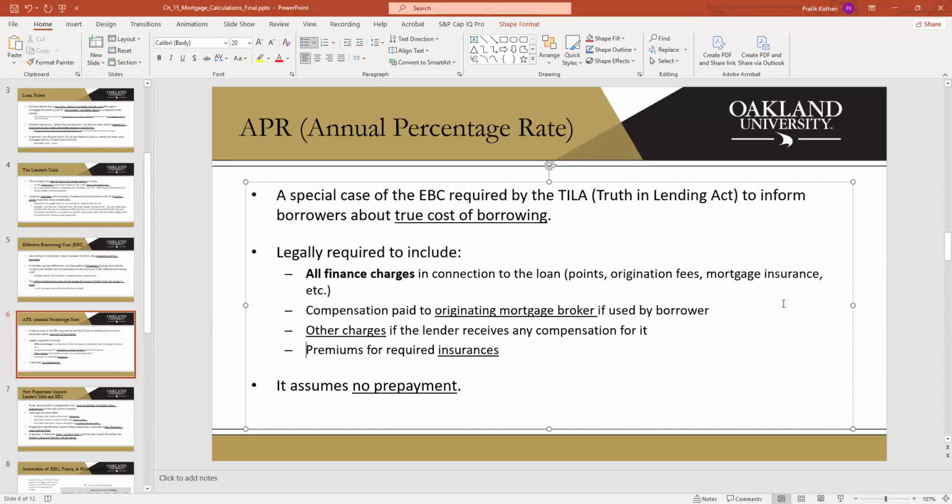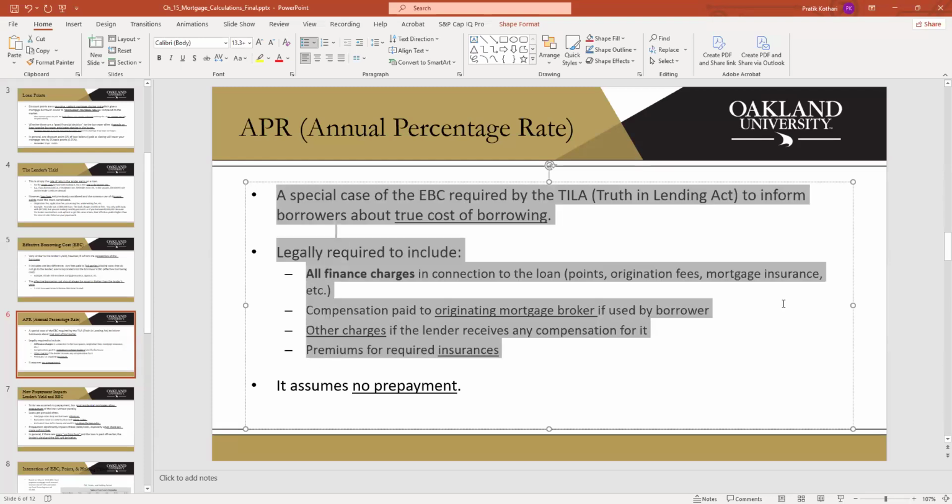Any other charges that the lender charges the borrower are also included. If you are making insurance premium payments, those are also included. And essentially, what APR tries to get at is the true cost of borrowing. Sure, the bank says the interest rate is 5%, but after adding all these fees, the effective interest rate might be 6%. That's what APR tries to get at.